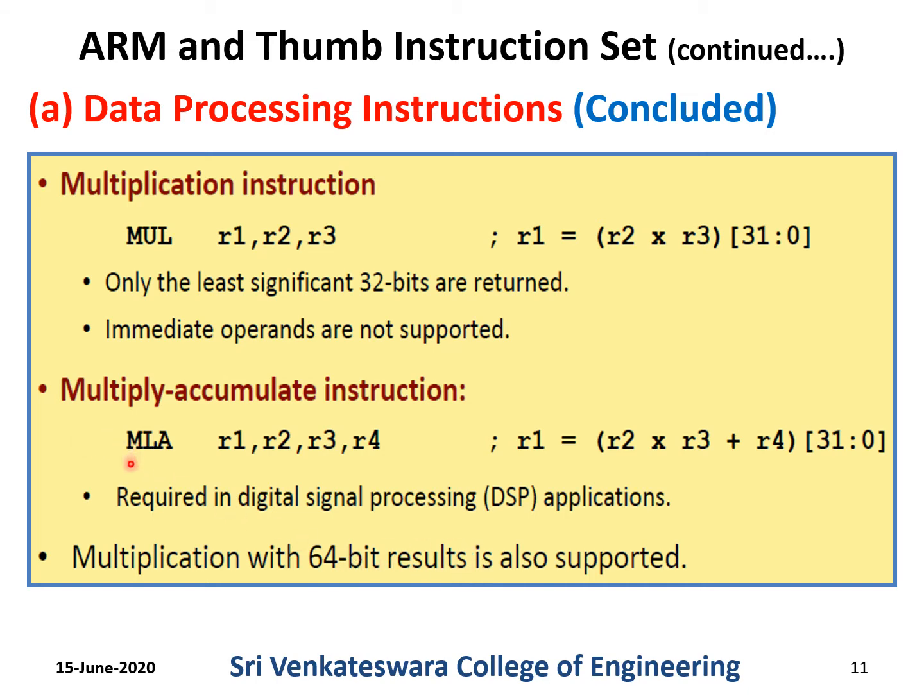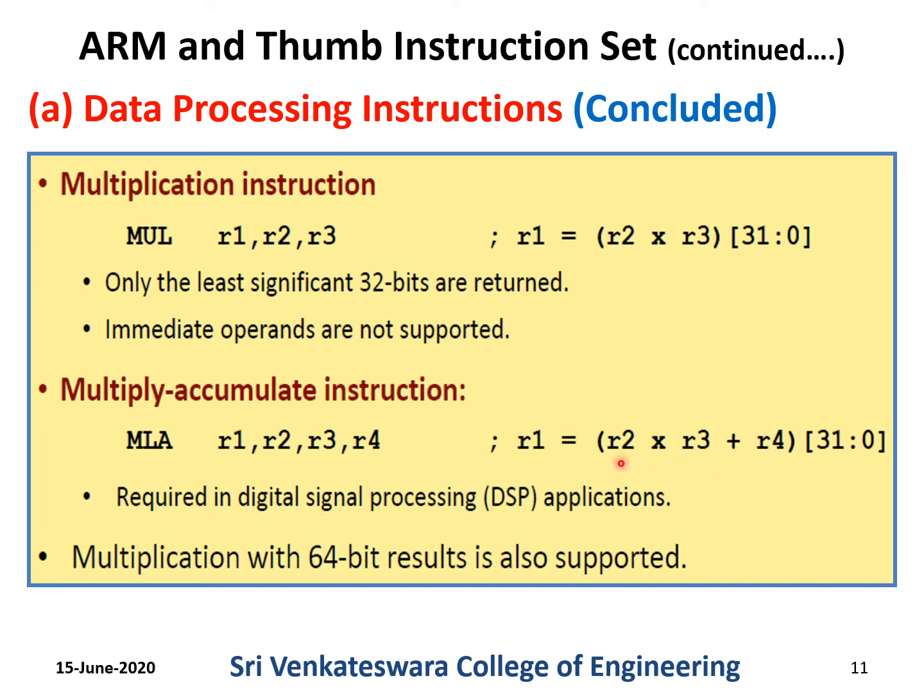So the next kind of multiply instruction is multiply and accumulate instruction, MLA. Here four fields are there, R1, R2, R3, R4, the registers holding the operands. R1 will be holding the final result. Here multiply as well as addition operation is performed.